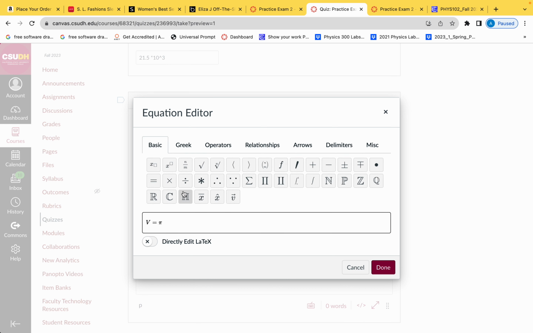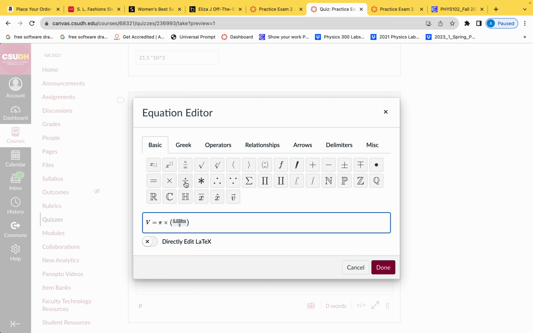I can say times, and then the radius. The diameter is 39 millimeters, so it's going to be 39 divided by 1000. I want to make it a radius, so I'm going to say 0.039, which I converted into meters, divided by 2.